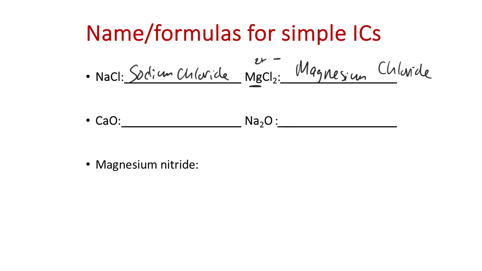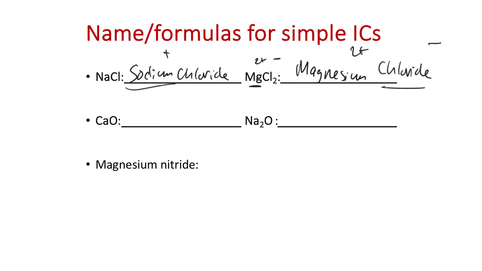So for the elements that commonly form just one stable cation, we don't need to use a Roman numeral system. So sodium is always Na+, magnesium is always 2+. And for chloride, we don't have to write dichloride, because we're just balancing out the charge of what we know to be a 1- ion and what we know to be a 2+ cation for MgCl2.